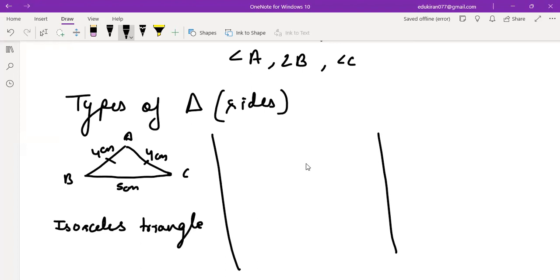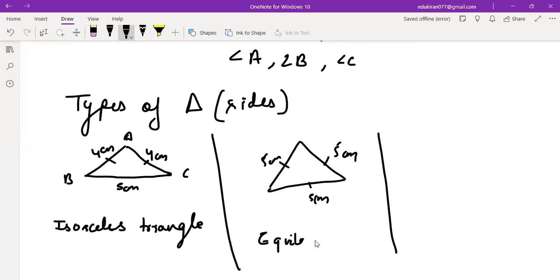Next is the equilateral triangle. An equilateral triangle has all the sides equal, like 5 centimeter, 5 centimeter, and 5 centimeter. This is an equilateral triangle.